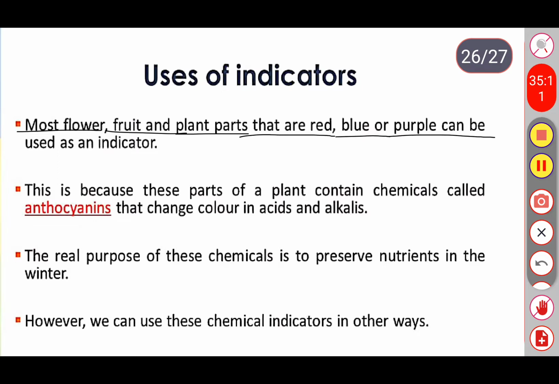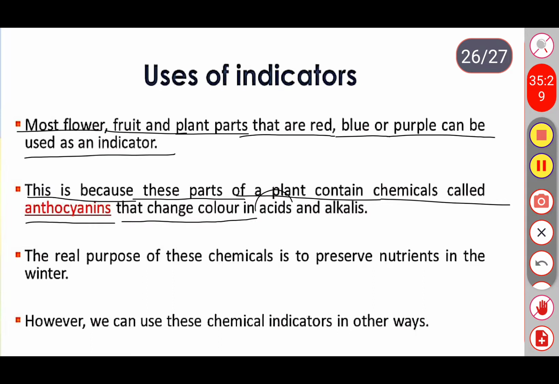Second one, this is because these parts of the plant contain a chemical called anthocyanin that changes color in acids as well as bases. So litmus is obtained from the lichen plants. By the extraction of the lichens we get a litmus solution like this.